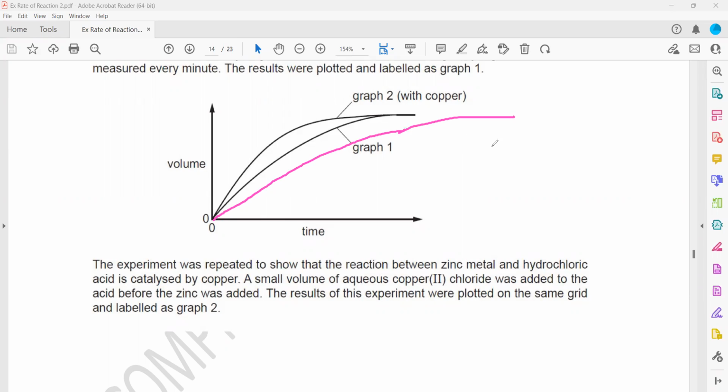Then what are the points you will mention? You will mention it will be less steep. That is one. Why is it less steep? Because it is a weak acid. Less steep, slower rate. Why? Because it's a weak acid. A weak acid contains few ions, as it is ionized partially.